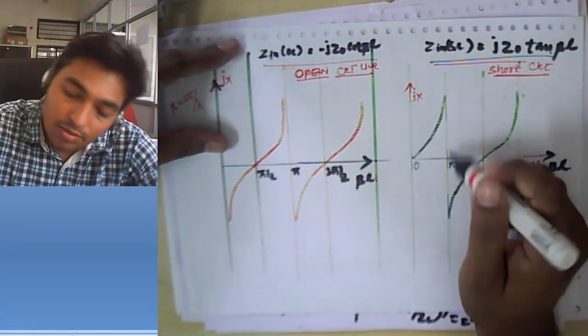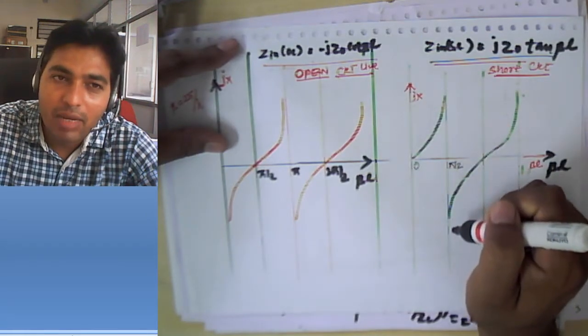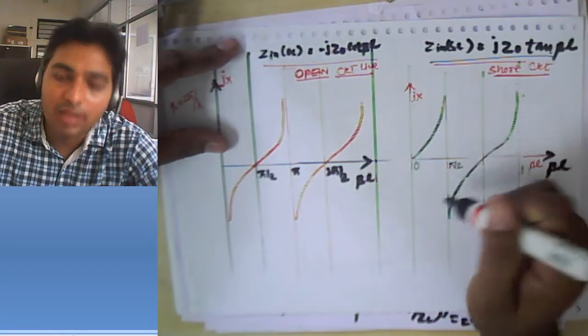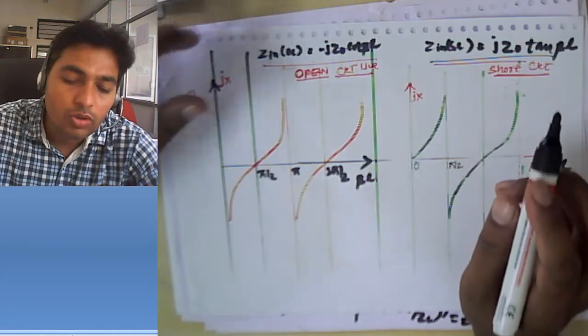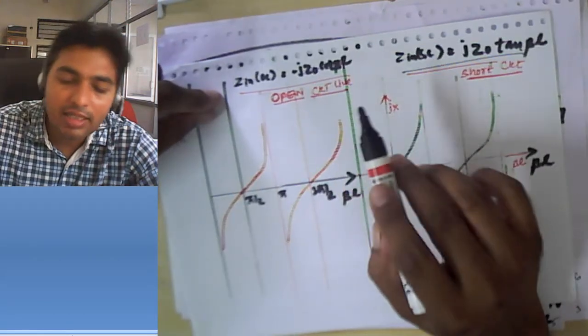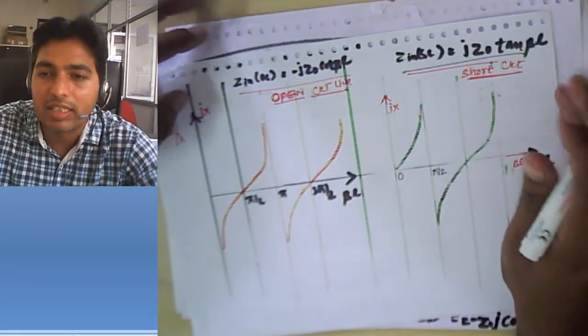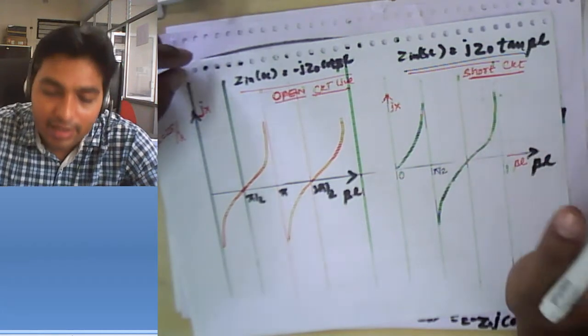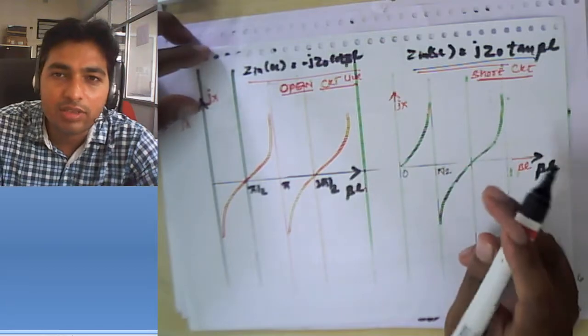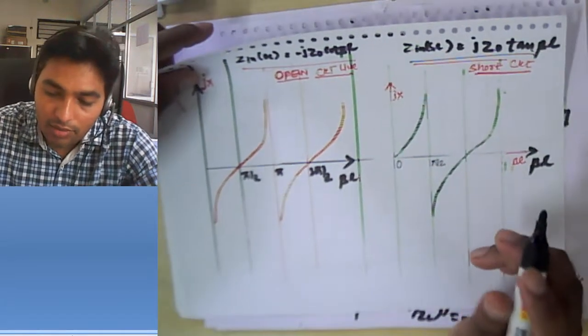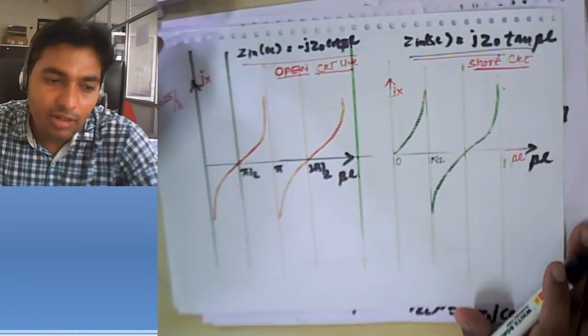Similarly, as β increases it goes up to plus infinity. So by using either an open circuited or a short circuited transmission line, the impedance can be anything from minus infinity to infinity. Now we will elaborate further.